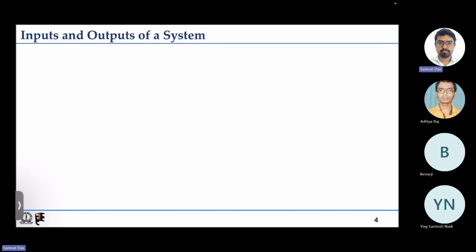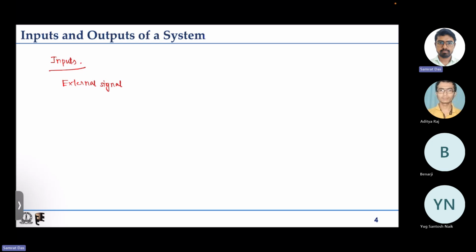So what are the inputs and outputs of a system? What are inputs? Inputs are obviously something external that the user applies. It could be some signal, like gate pulses, that you give to your power electronic converter, or you're applying some voltage.